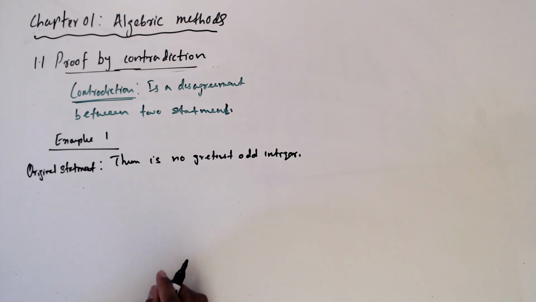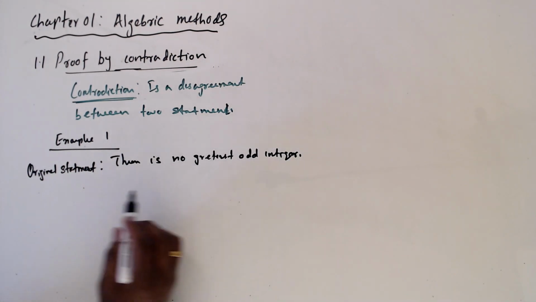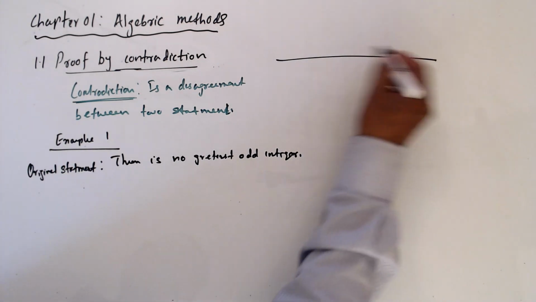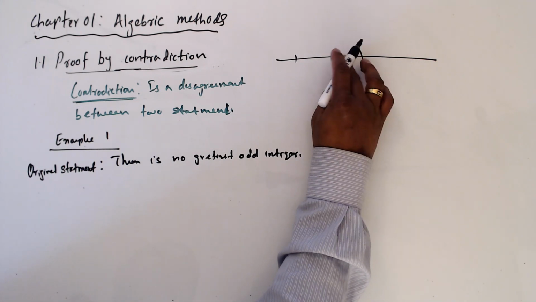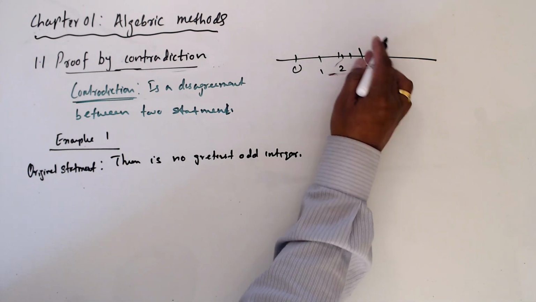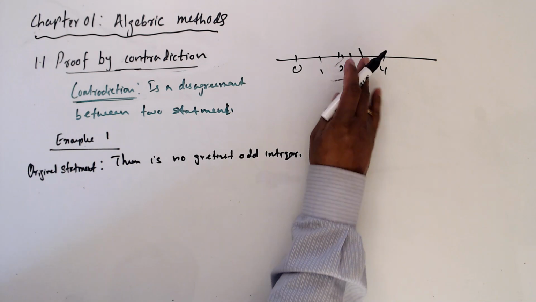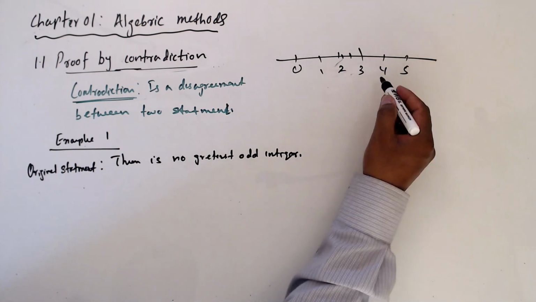First of all, we have to get an idea what this statement says. There is no greatest odd integer. When we take a number line, 0, 1, 2, 3, 4, like that, we can go up to infinity.